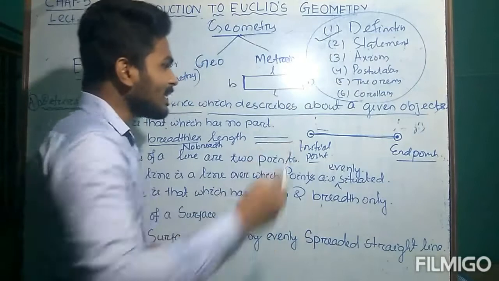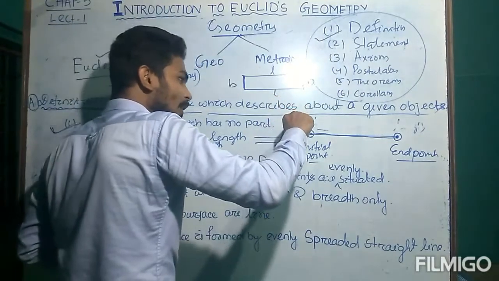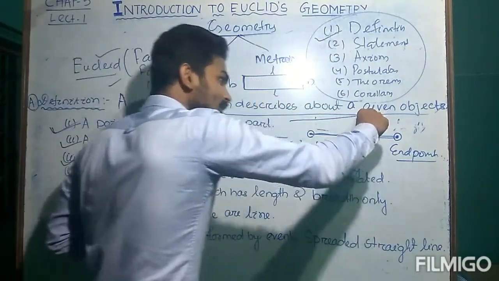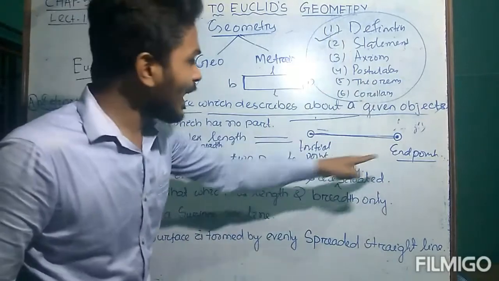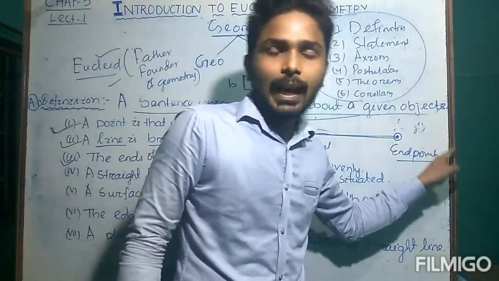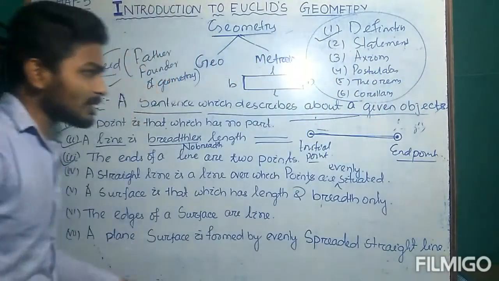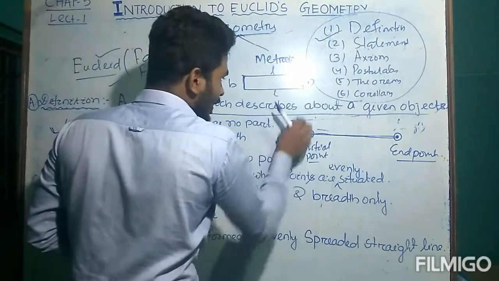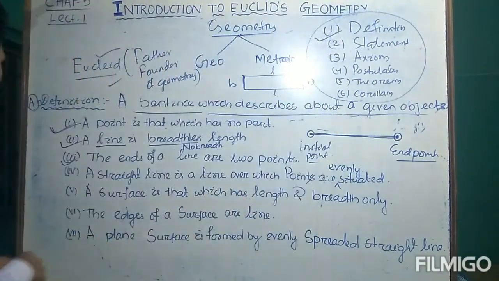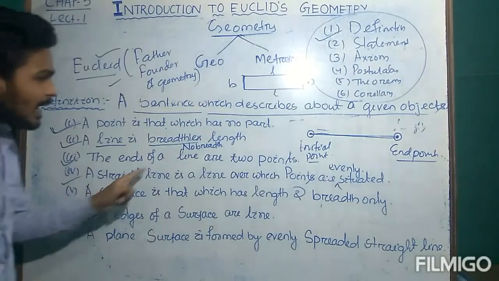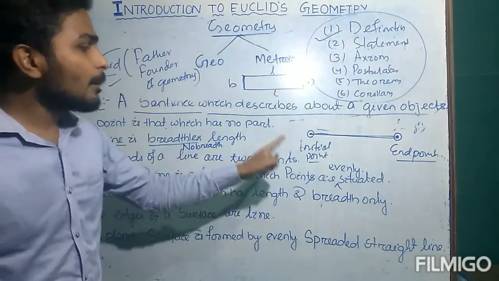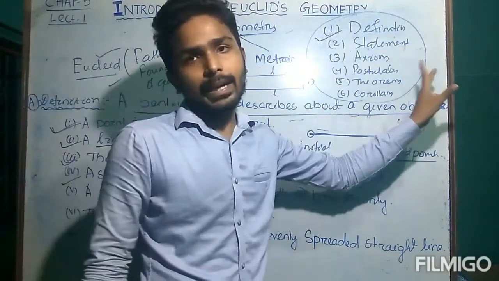Every line starts with a point and ends with another point. So a line has both initial and end points. Understood? This is the second definition of a line. The fourth one, a straight line is a line over which points are evenly spread.